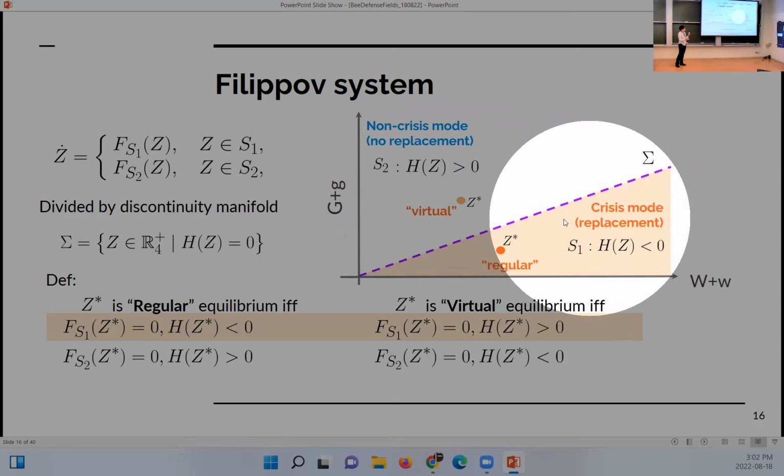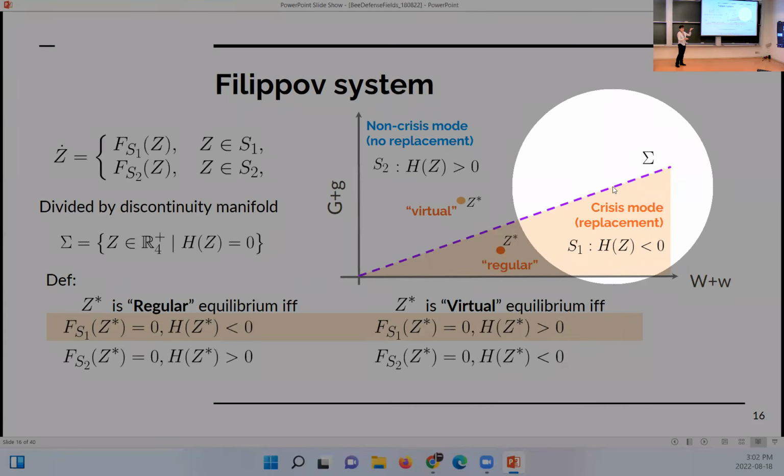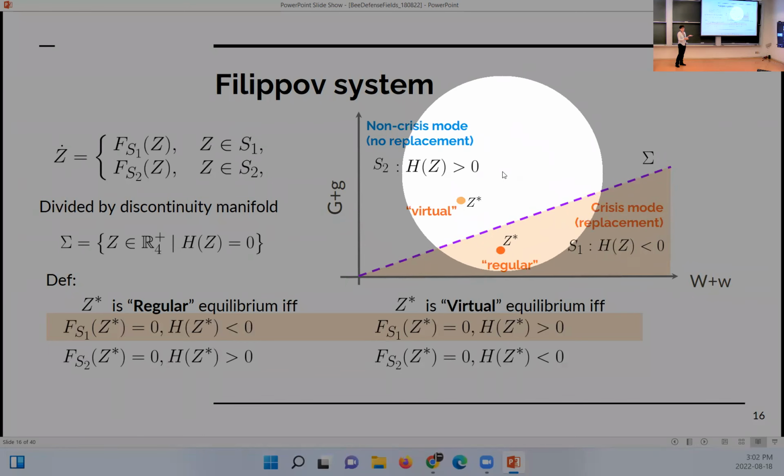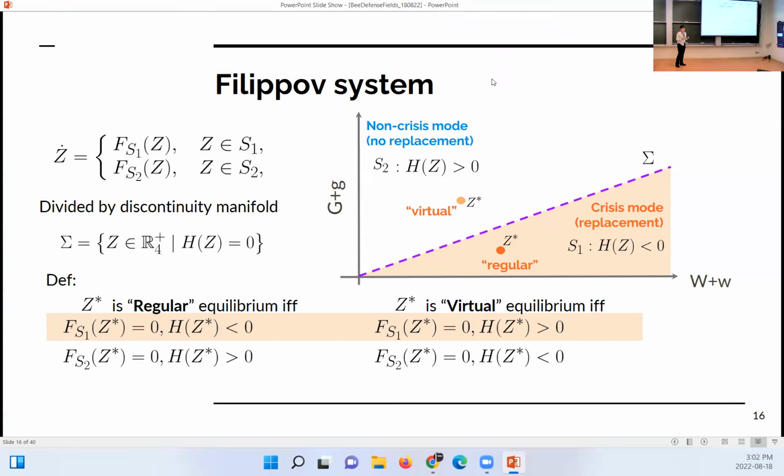But then this vector field may also have equilibria that have a high proportion of guards and fall outside the correct region. And that would be called a virtual equilibrium. So it will not be reached because it's outside the region of the plane that's governed by its own vector field, but it's still an equilibrium of that vector field. So in that case, we just name it a virtual equilibrium.